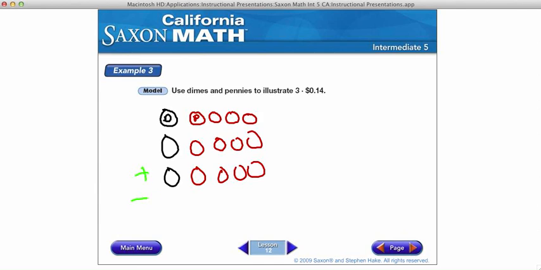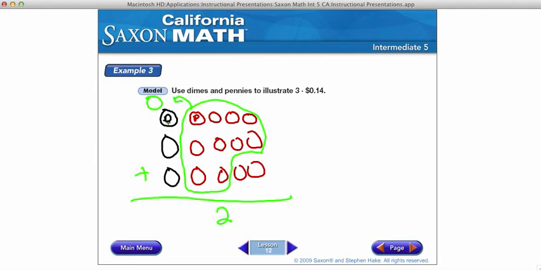So I'm going to start by adding up my pennies. Okay, I have 4, 8, 12 pennies. Well, I can't have 12, I can only have 2. So I have 2 pennies left over. These 10 become another dime.